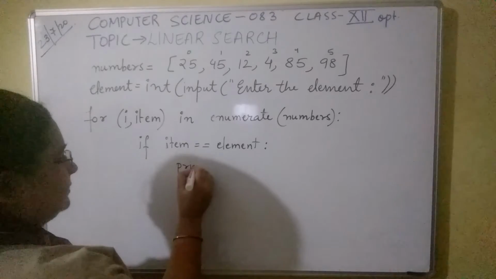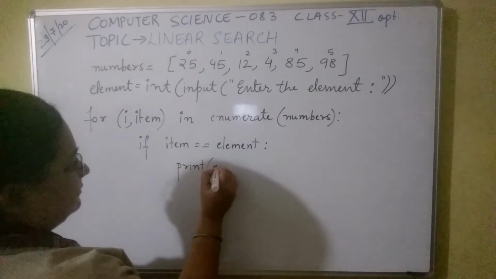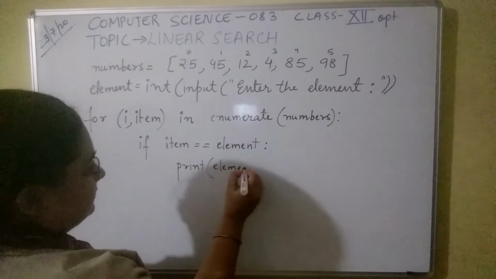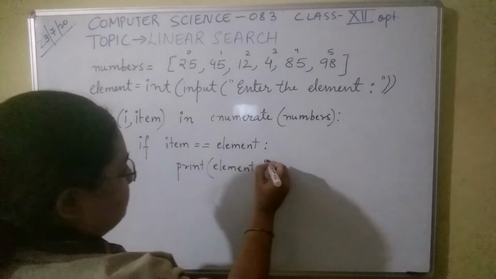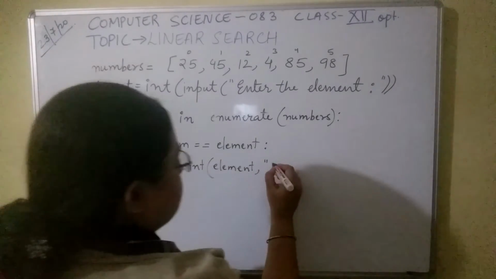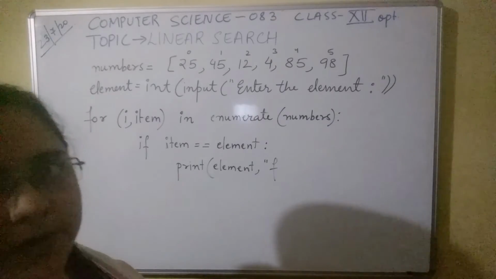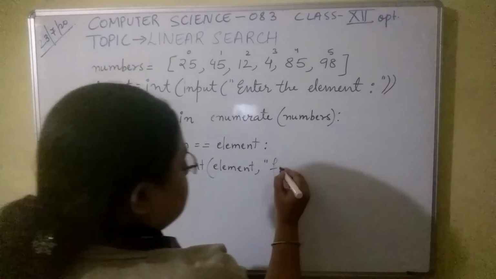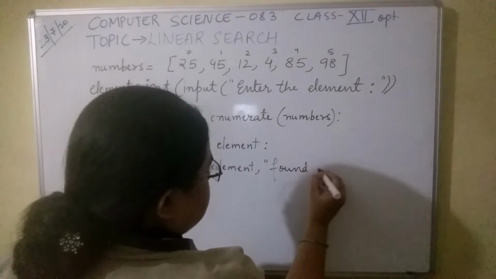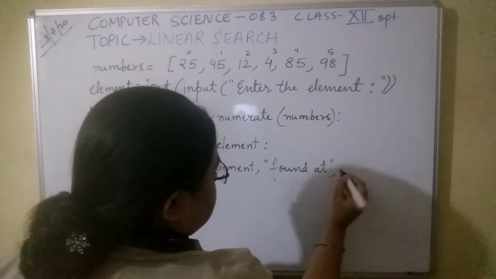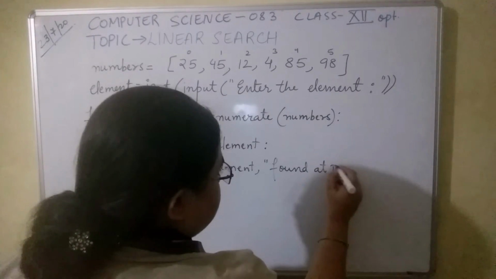Print element within double quotes found at, and here I'll be typing position.